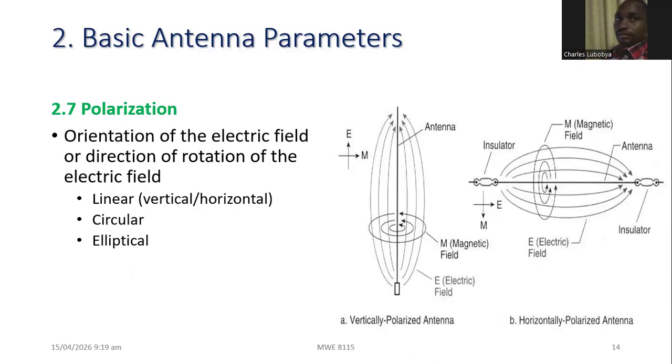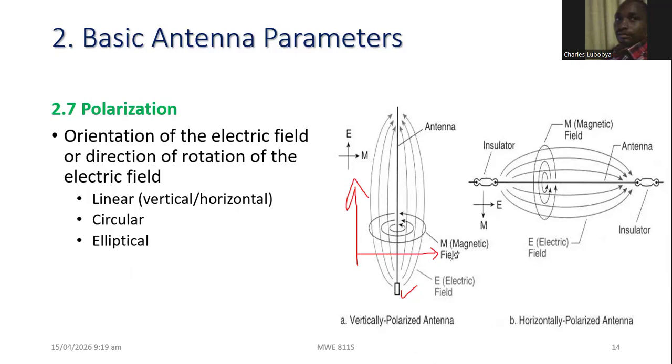If it is linear, it has two parts, either linear in the vertical direction as shown in this diagram here. So you can see this is your antenna here. That's your antenna. And then you've got the direction of the signal, radio waves in this direction, right? But then you have the magnetic field rotating at 90 degrees to the electric field.